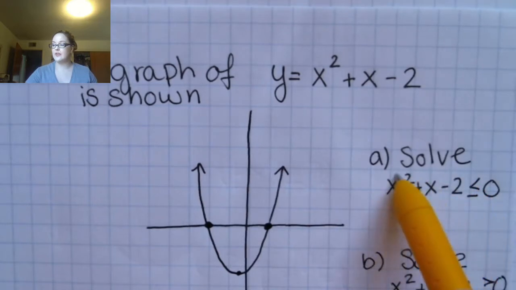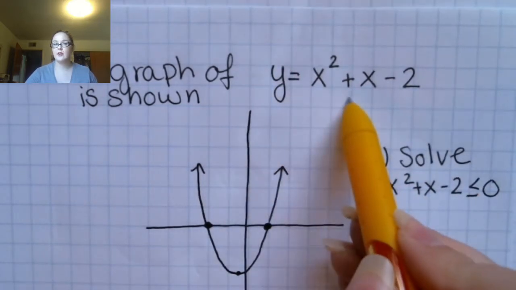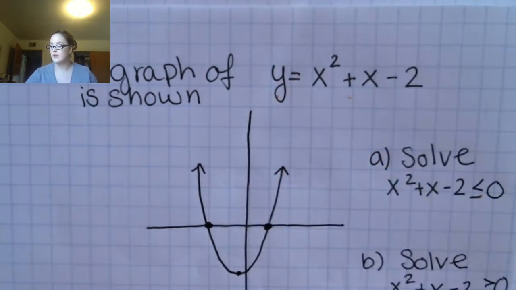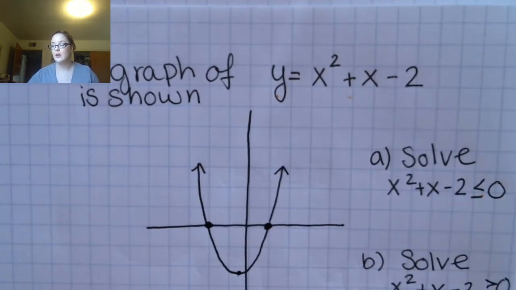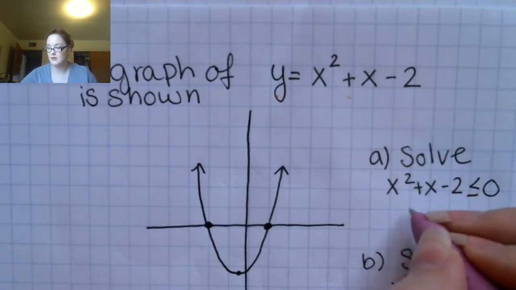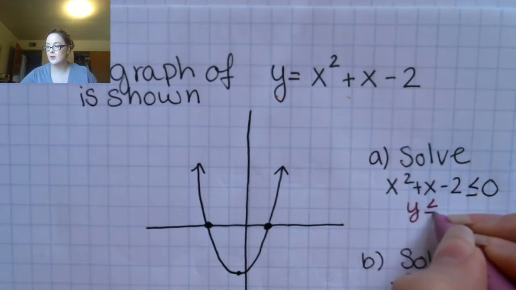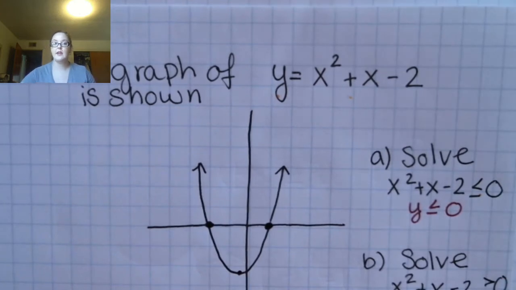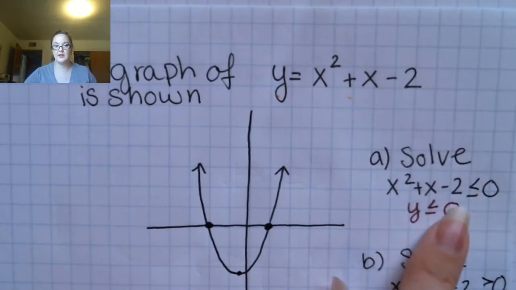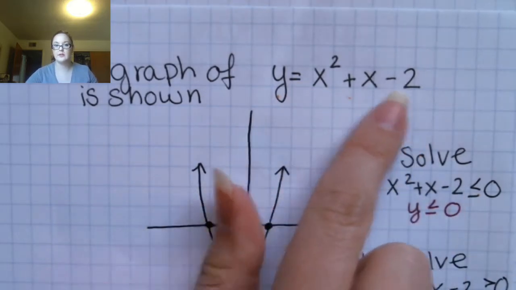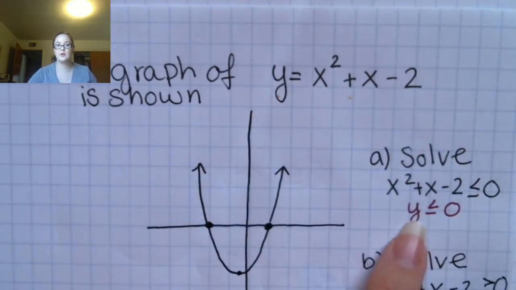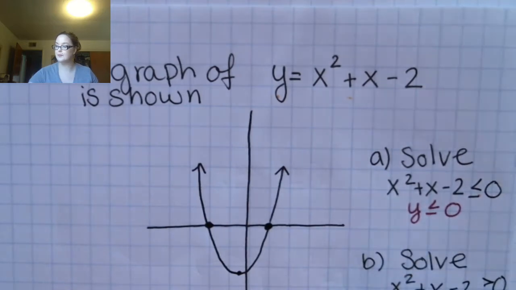This stuff all together is y. So this is really asking you, where is y less than or equal to 0? This stuff is y. Look, here it is, it's equal to y. So it's asking you, when is y less than 0?